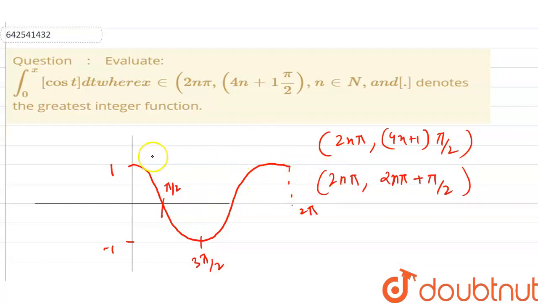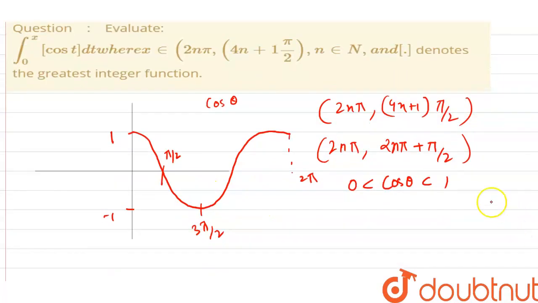So guys, this is the graph of cos theta, and we know that cos theta lies between 1 to 0. Actually it is minus 1, but it is in the first quadrant, so we are taking 0. So this is the graphical representation.